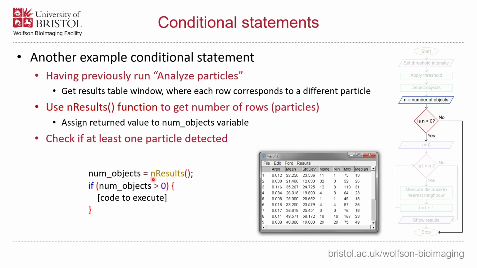So for this we would use the nResults function, which just returns a value telling us how many rows there are in this table. So assuming everything was set up right before and we hadn't already got the results table open before running analyze particles, we should find in this case that, based on the scroll bar, probably about 12 or so objects have been detected. And so it'd say, well, 12 is greater than 0, so yeah, we've detected some stuff and we're now going to run whatever code it is, in this case detecting nearest neighbour distances.